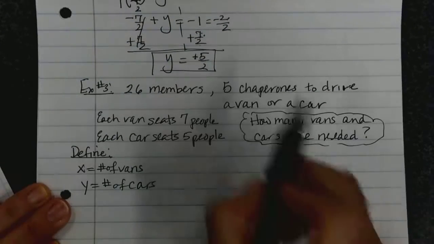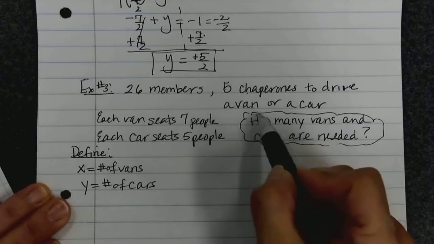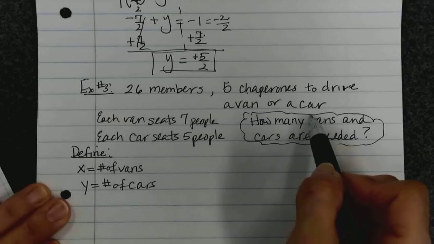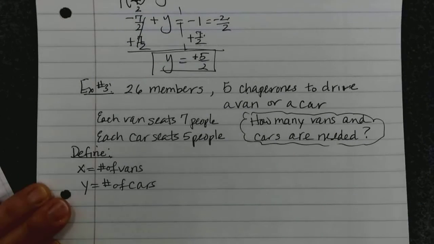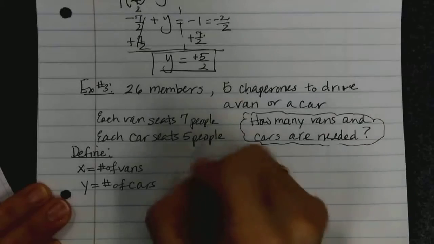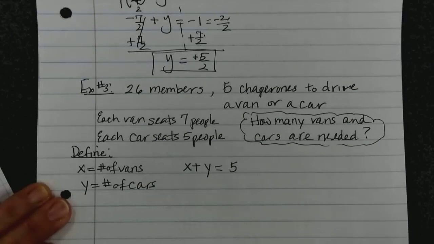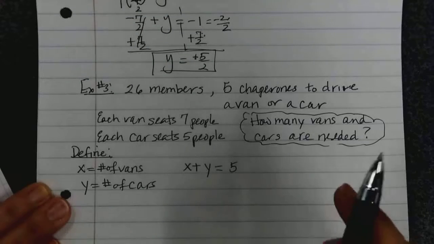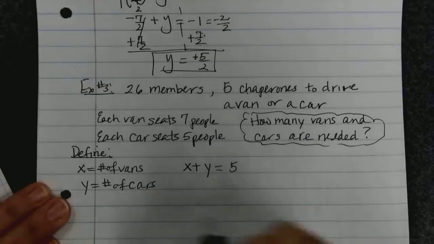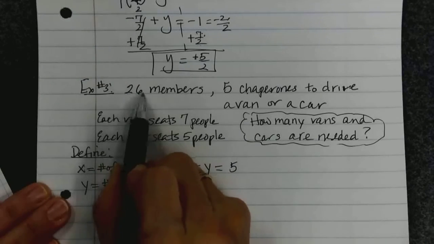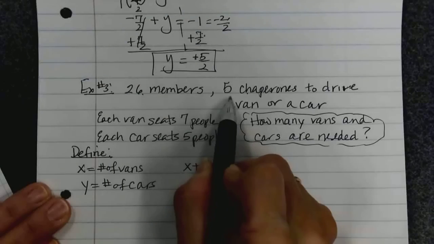And if you notice, because we have 5 chaperones and each of them is driving either a van or a car, you know that there's a total of 5 vehicles. So x number of vans plus y number of cars should equal 5 total vehicles. Now we also know that there's a total of 31 people going on this trip, because there's 26 youth members plus 5 chaperones.